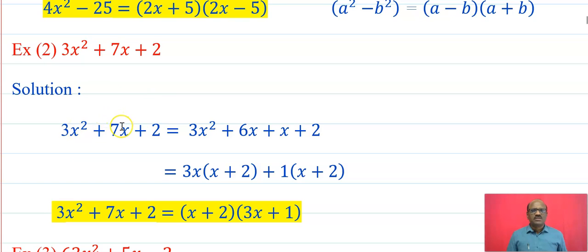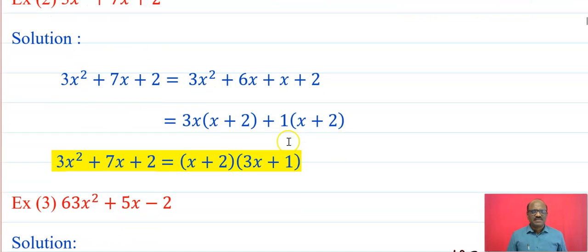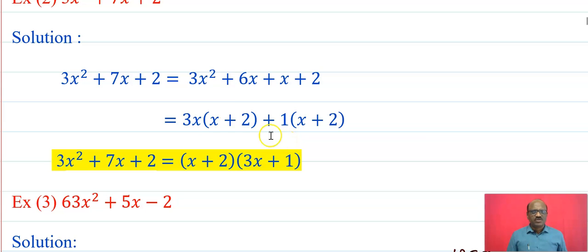Now what are the two numbers such that whose sum is 7x and the product is 6x square. Therefore, the numbers are 6x plus x, and we will take the common from these first two. What is the common from these two? That is 3x is a common. Then the remaining terms are x and 2.